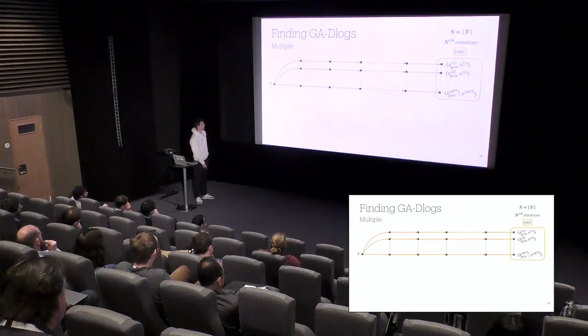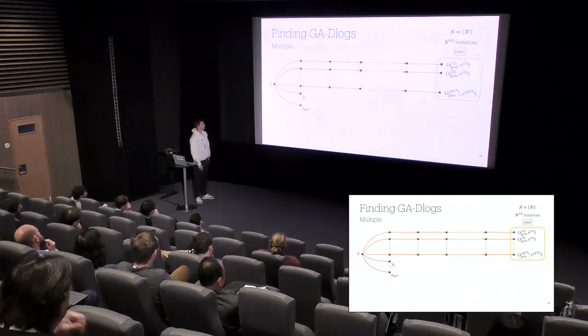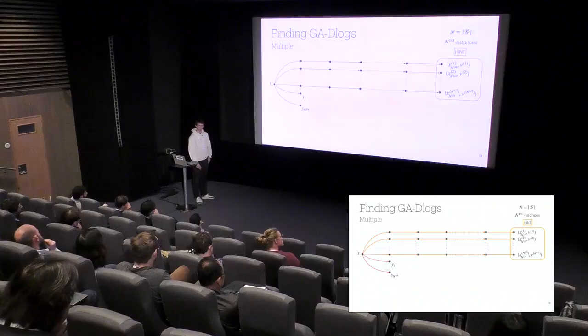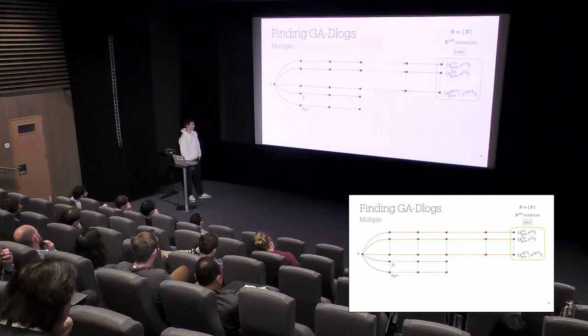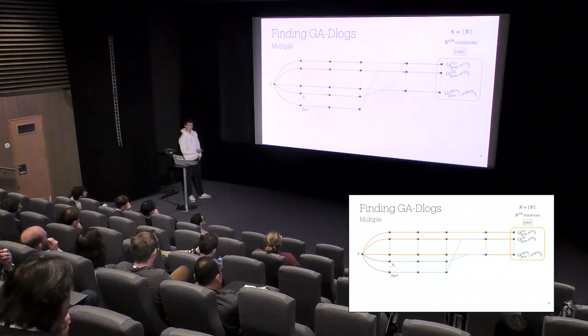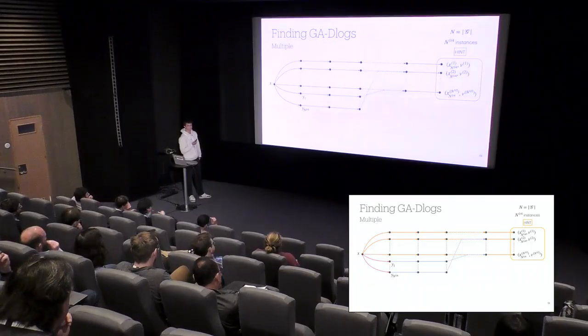And now we go to the online phase, and we're given the GA D-log instances we want to solve. And from each of them, we again perform memory-less walks and hope that they collide into some of the pre-computed structure. And again, the memory-less property ensures that when two walks collide, they will stay together.